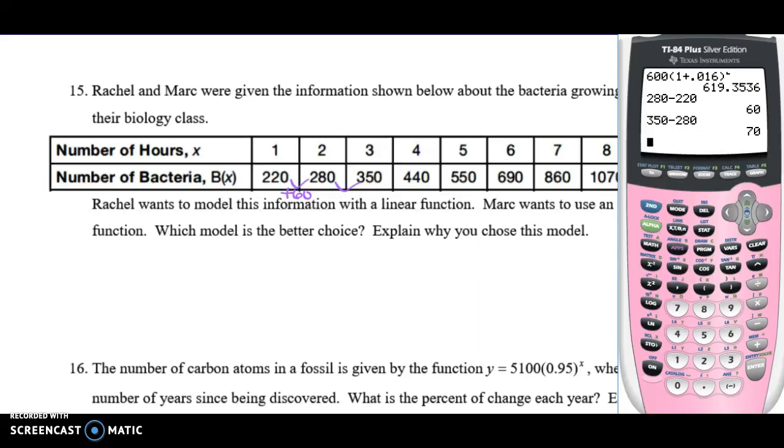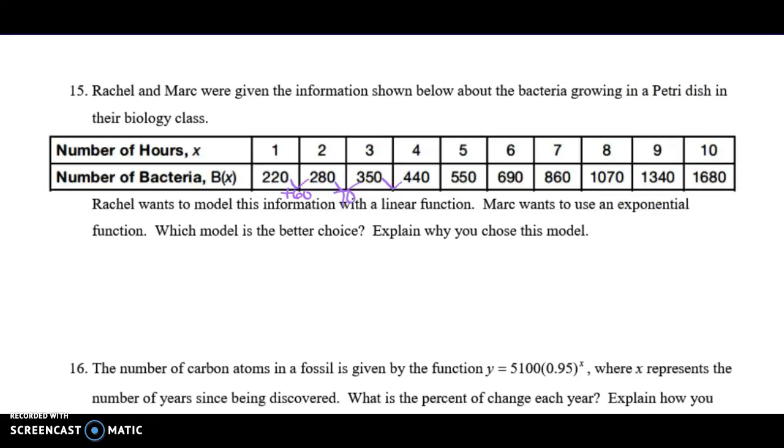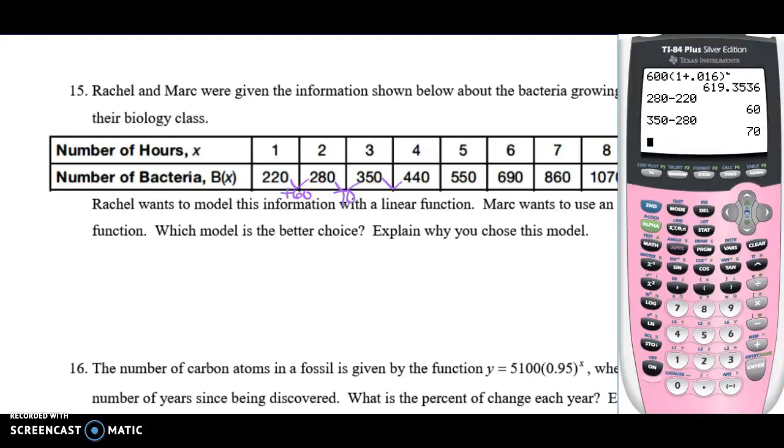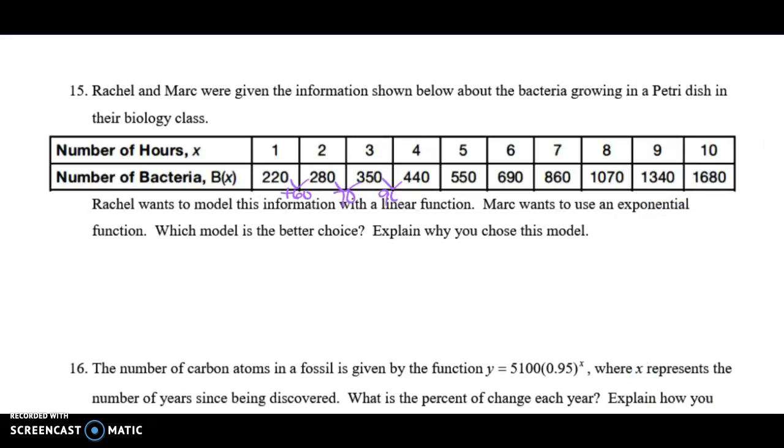So it's changing, and when we do our next group, it's changing some more. Now we're at a difference of 90, so it's not even. So that tells you right there it cannot be linear. It must be exponential. And the simplest reason is because it is not a constant rate of change.